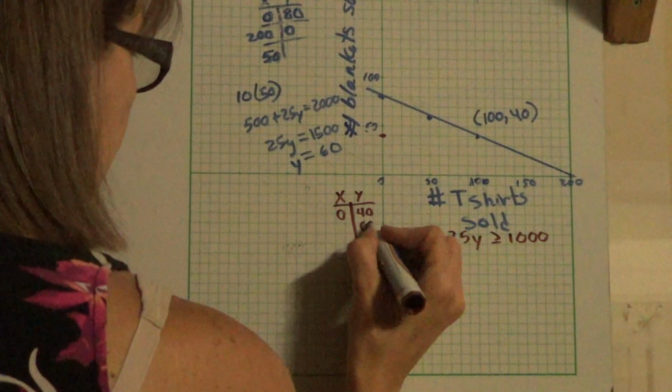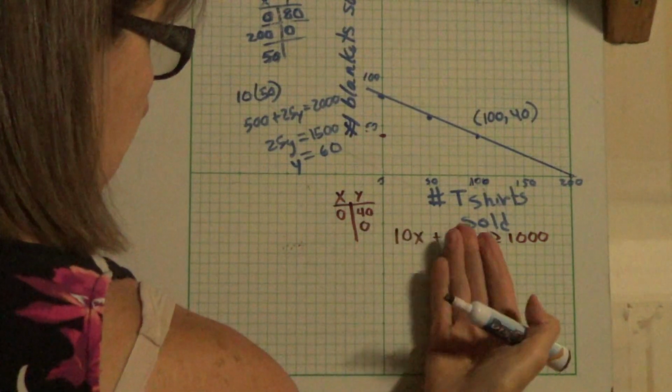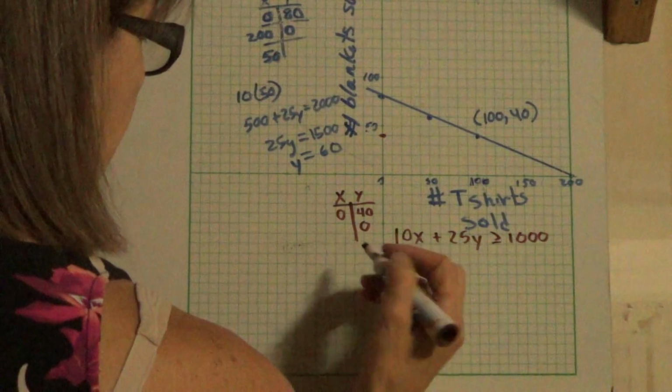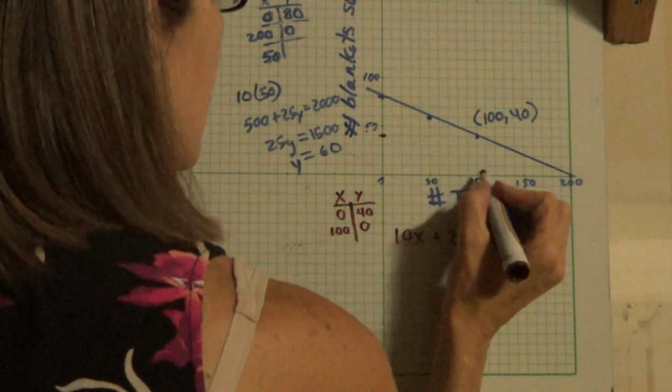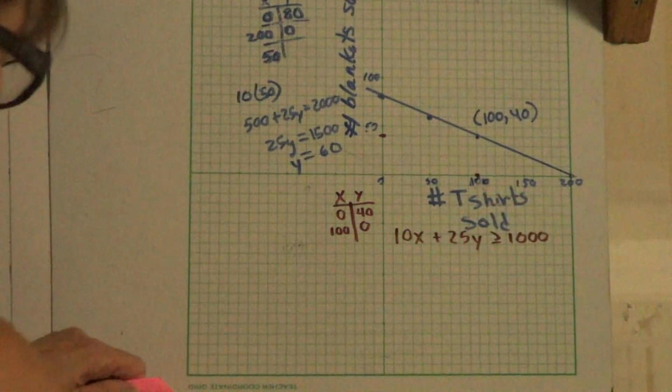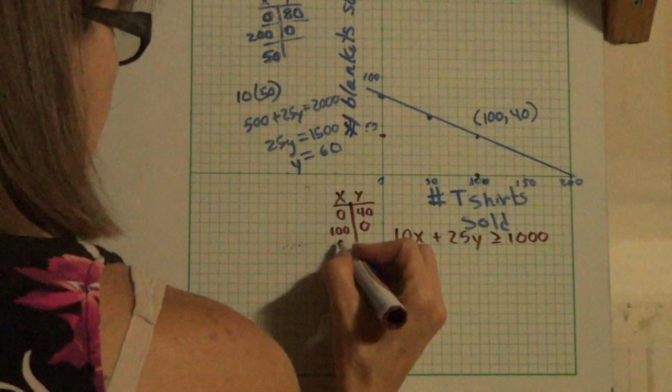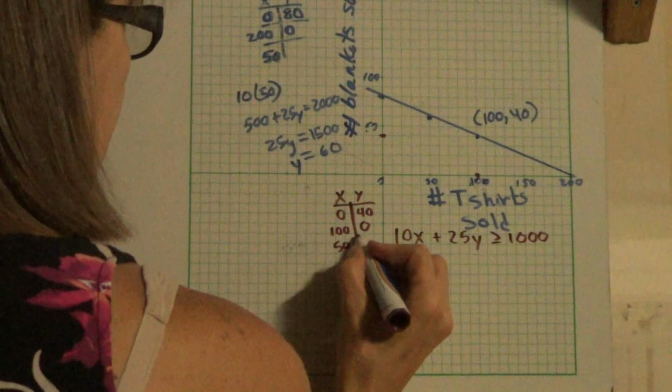If we don't sell any blankets, so that one wipes out, 10 into 1,000, we would have to sell at least 100 t-shirts. So there's that line. And then I always plug in one more. Let's go to the 50 again.